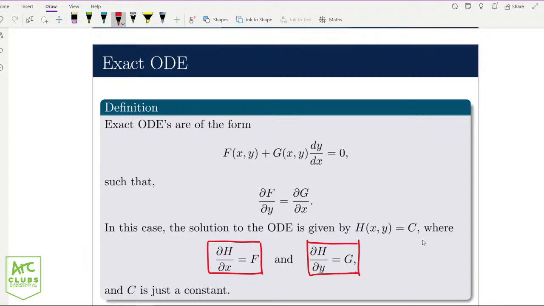Again, the proof is in the course notes, so if you want to refer back in case you forgot how we got from these definitions of exact ODE to the test for exact ODE, you can always refer back to the course notes.